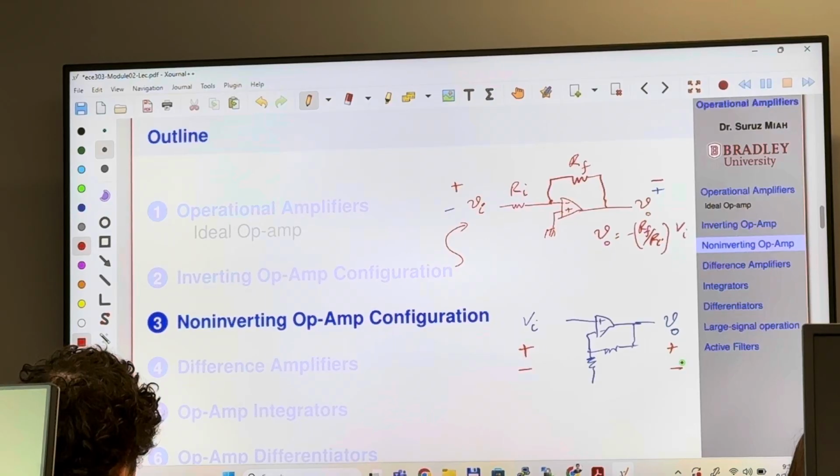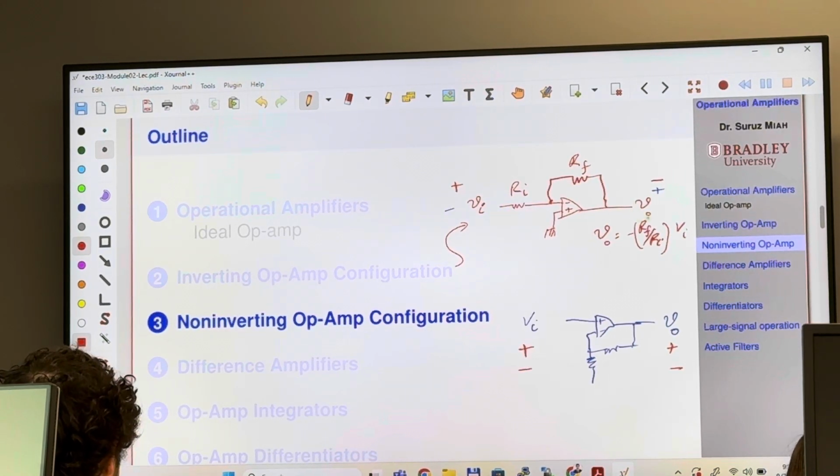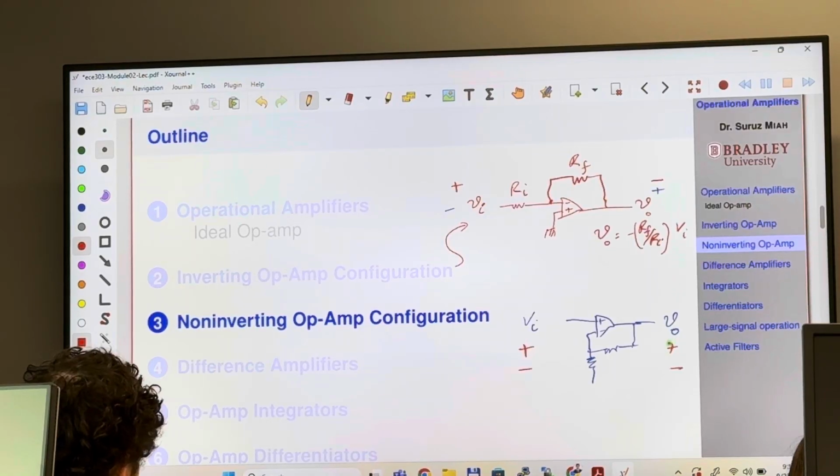The only difference here is that you apply the input to the non-inverting terminal, and here you apply the input to the inverting terminal. That's why you get an output which is the opposite sign of the input. Here you get an output which is the same sign as the input.